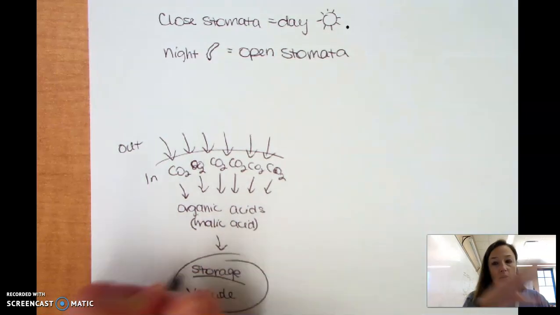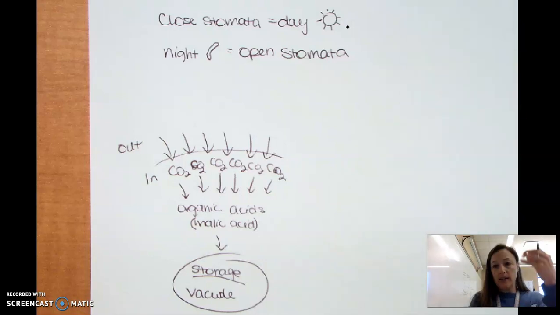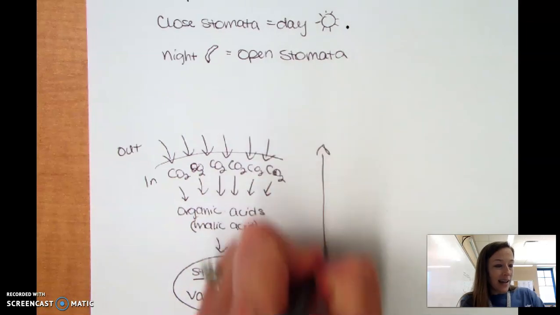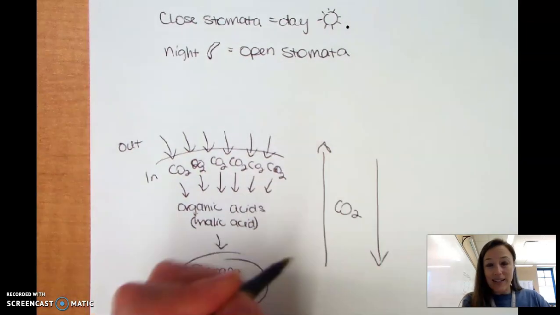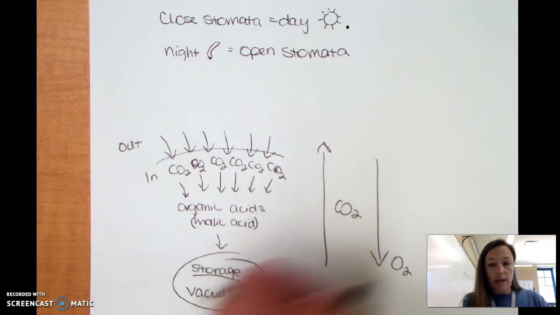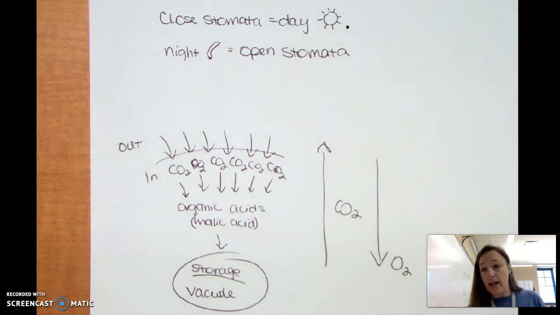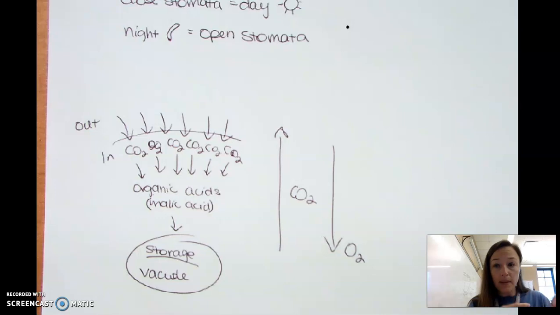So all night long, we're bringing in CO2, getting those CO2 levels sky high. We let all our oxygen out. We're not producing any oxygen at night because you have to have the light-dependent reactions to make oxygen, and we don't have any light. So basically, when these plants wake up in the morning, they don't sleep.